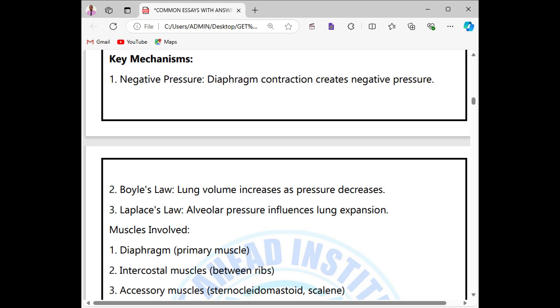So when we talk about Laplace's law, there are other names it is called. Others say Laplace's law, others say Laplace's equation, others say the law of Laplace.